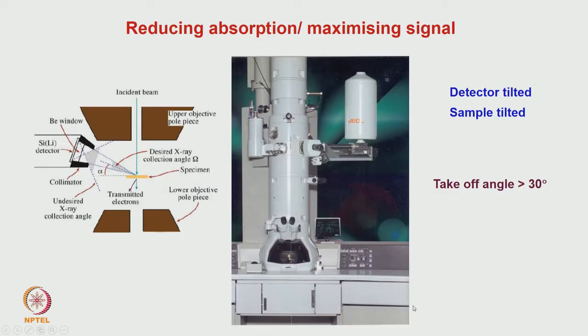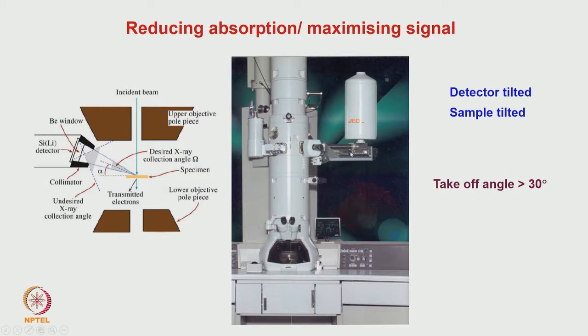Then, to maximize the signal or to reduce the absorption, the detector should be kept at an angle greater than 30 degrees. This could be achieved in two ways. In this particular case, it looks like the detector is perpendicular to the beam direction.